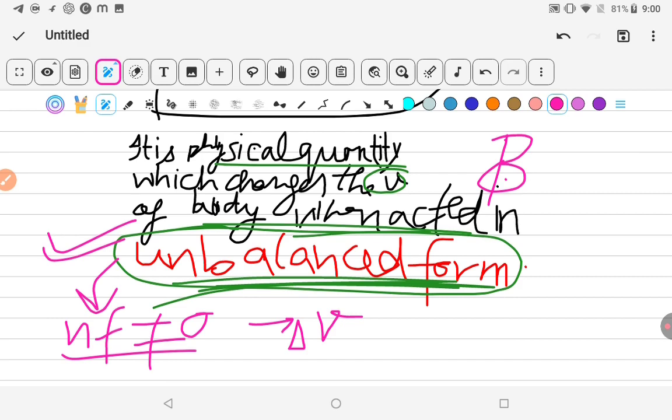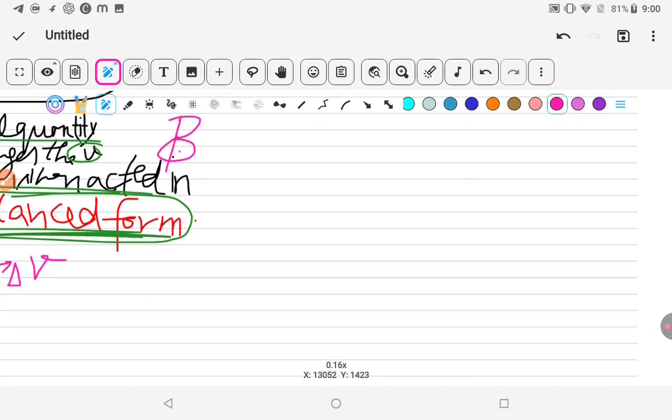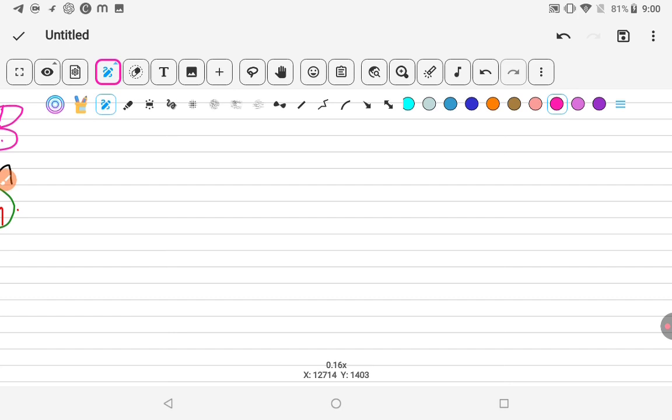For example, let me help you differentiate between balanced and unbalanced force. If some force is being applied on a wall, the wall is balanced here. It applies an equal and opposite force on any force that is being applied on the wall. So this force is balanced.